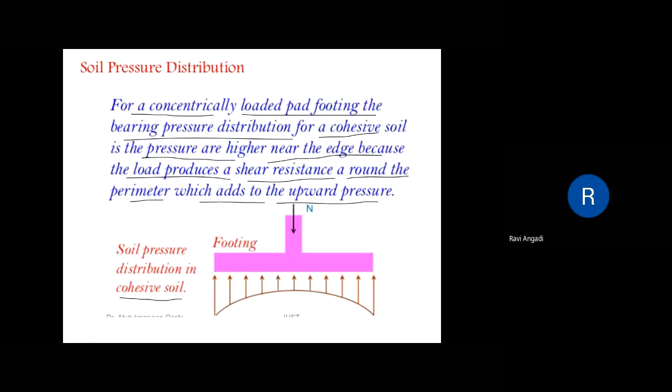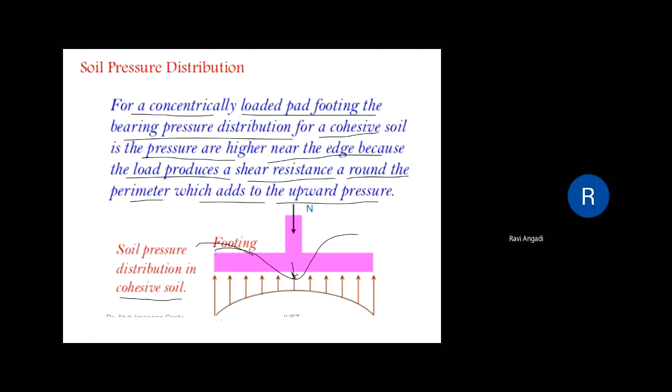When the load is applied, you will get the bending moment like this. Here it is sagging and here it is hogging.